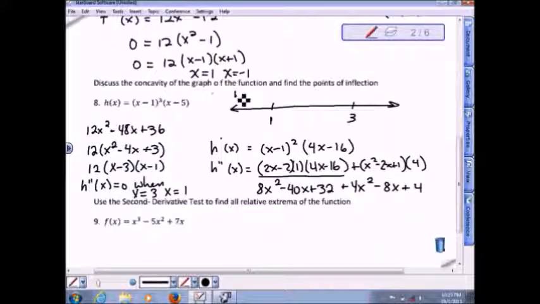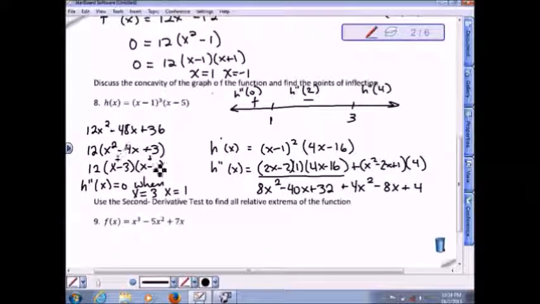In the second derivative, we need to do h double prime of 0, h double prime of 2, and h double prime of 4. So when we plug in a 0 to the second derivative of h, 0 minus 3 is negative, 0 minus 1 is negative, negative times a negative times 12 is positive. 2 minus 3 is negative, but 2 minus 1 is positive, positive times a negative times 12 is negative.